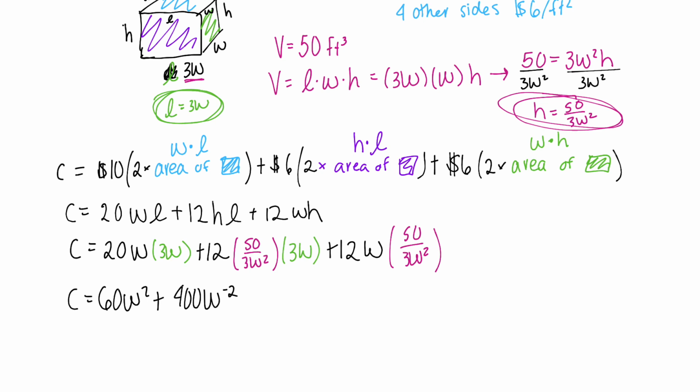Oops, wait. No, that won't be w to the negative 2. These 3's cancel. Those 3's cancel, so you end up with 12 times 50 is 600. Let me just rewrite this. 600w over w squared, because that's going to simplify a tiny bit.